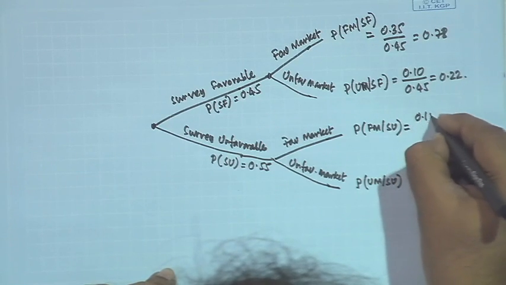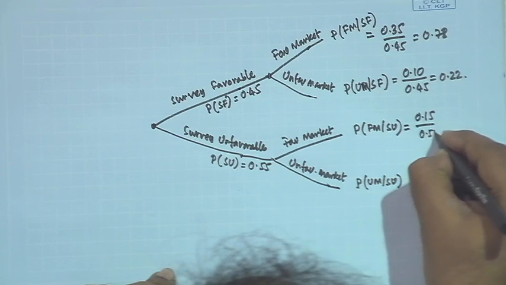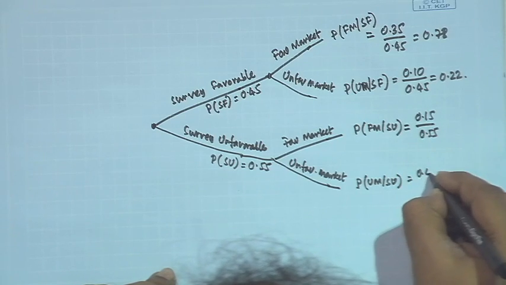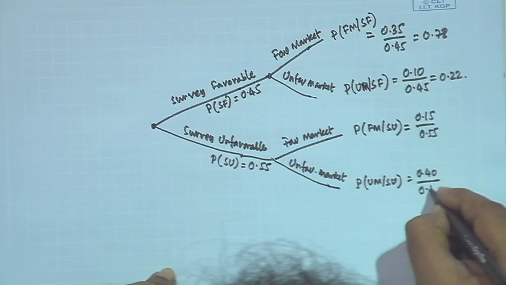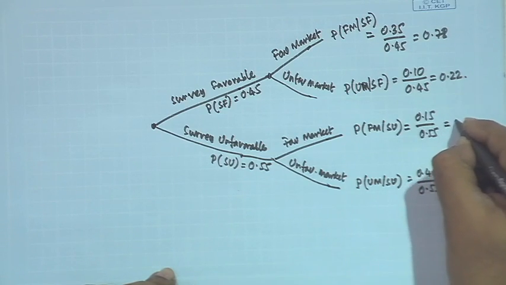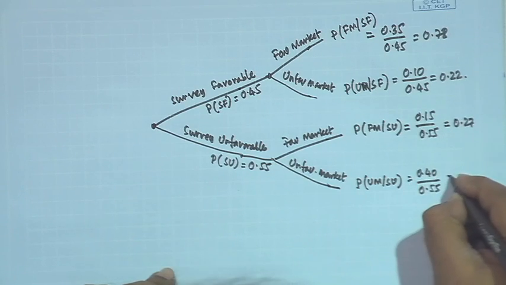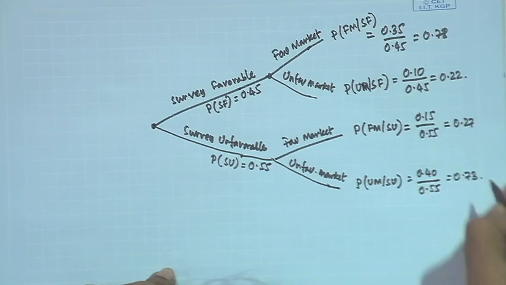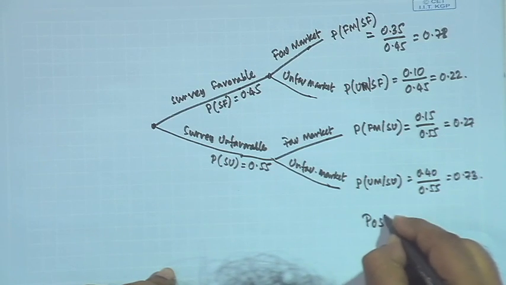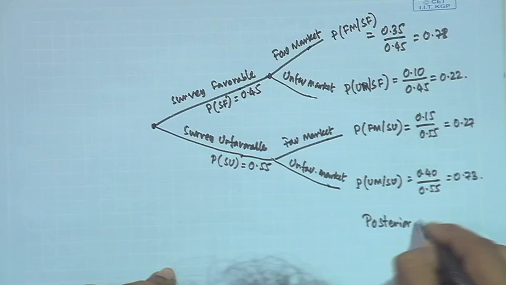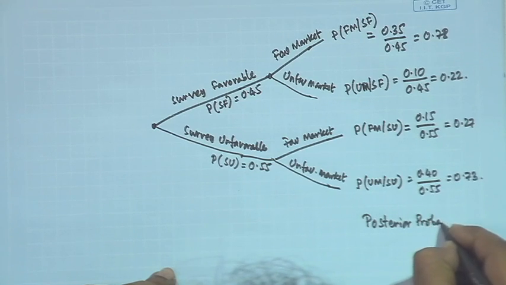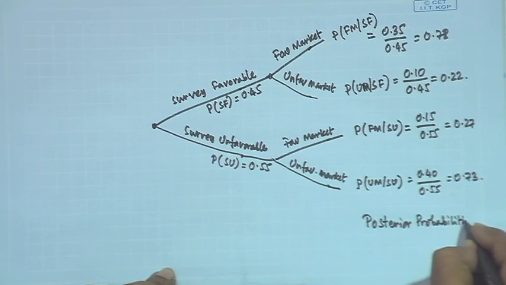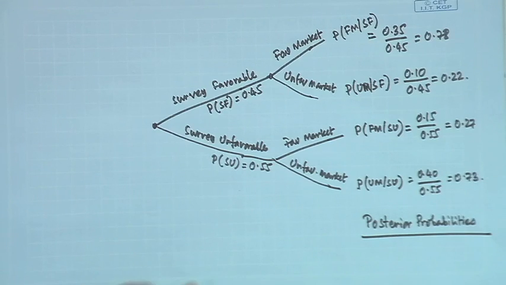So, this one is 0.15 by 0.55 and this one is 0.40 by 0.55, equal to 0.27 and 0.73. So, these are what are known as posterior probabilities. Right. So, this is how the posterior probabilities are calculated, and we stop here. We continue the similar discussion in the next class.